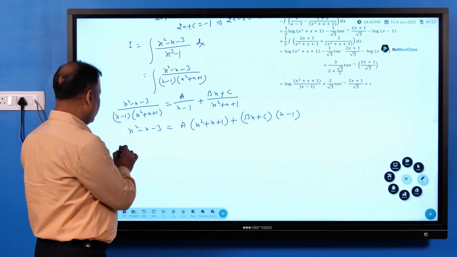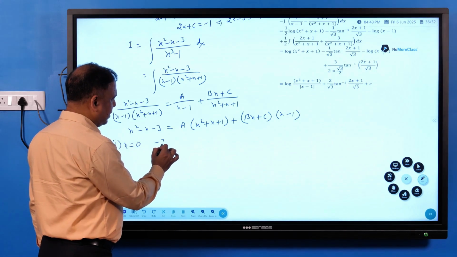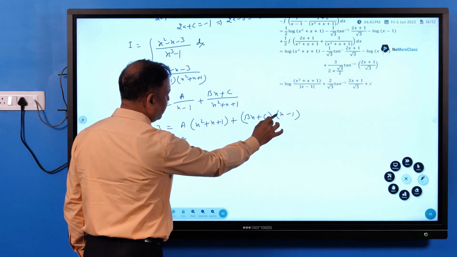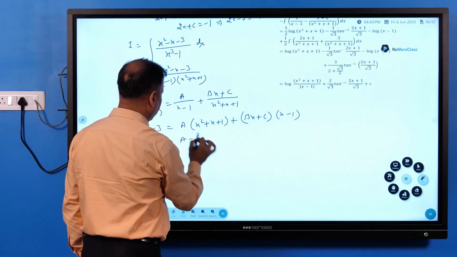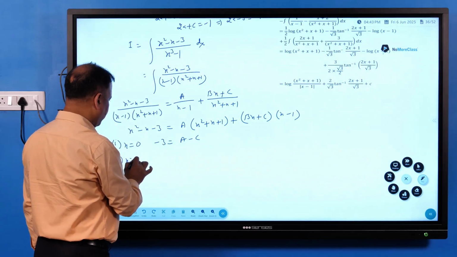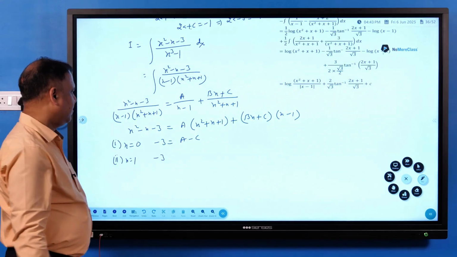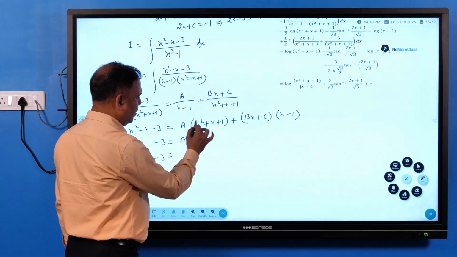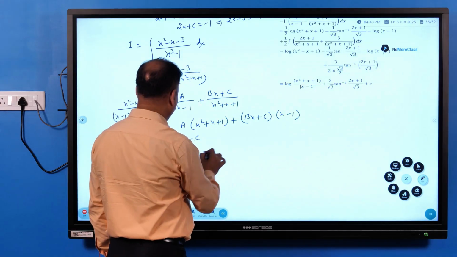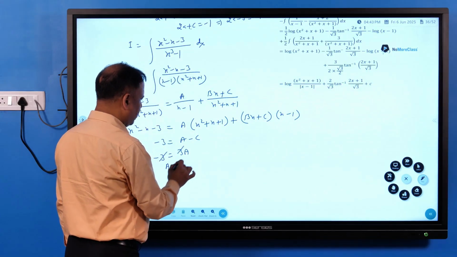First I put x = 0: -3 = A - C, equation 1. Then put x = 1: 1 - 1 - 3 = 3A, and the other term will be 0 and cancel. So A = -1.